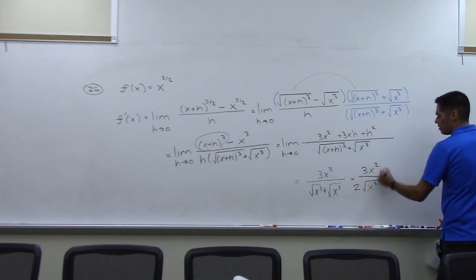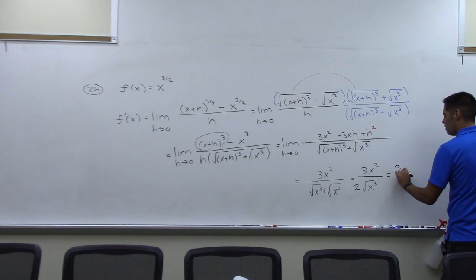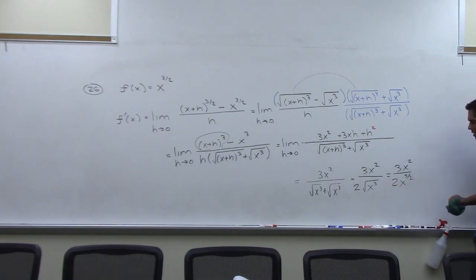And now I'm going to mess with this a little bit. I'm going to say that that's 3x squared over 2x to the 3 halves, because that's what that meant. And now I'm going to use properties of exponents. X to a power divided by x to another power, you subtract.